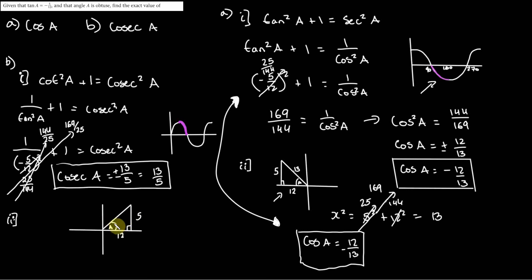What is our value of sine? Well, sine is opposite over the hypotenuse. We could figure out that this is going to be a 13, as we've already noted. So you could write that cosec is 1 over sine, which is 1 over 5 over 13, or you could write that it equals 13 over 5, which is exactly what we found, and that would be our answer. Right, and that concludes this video.